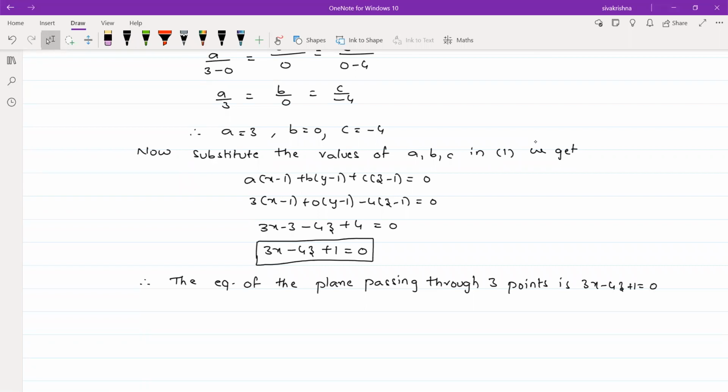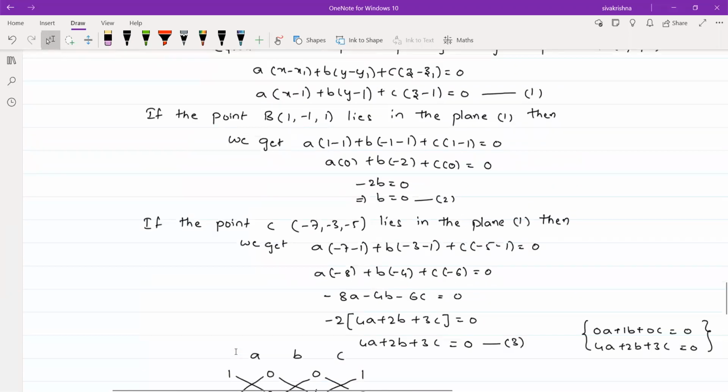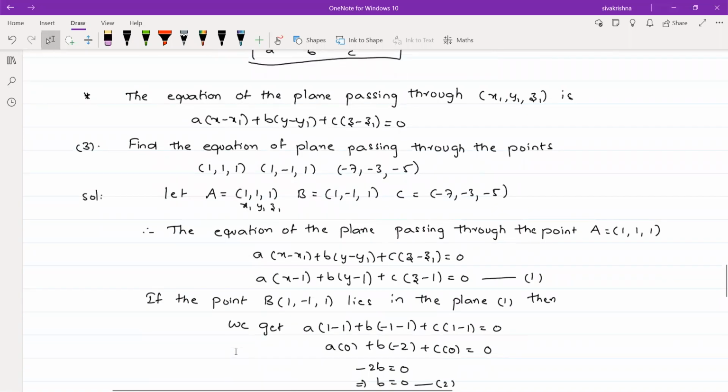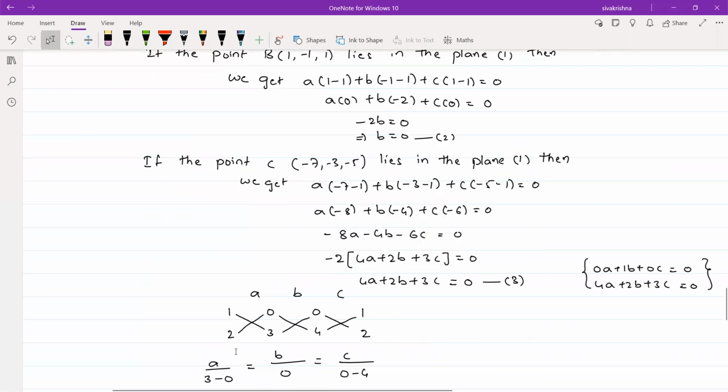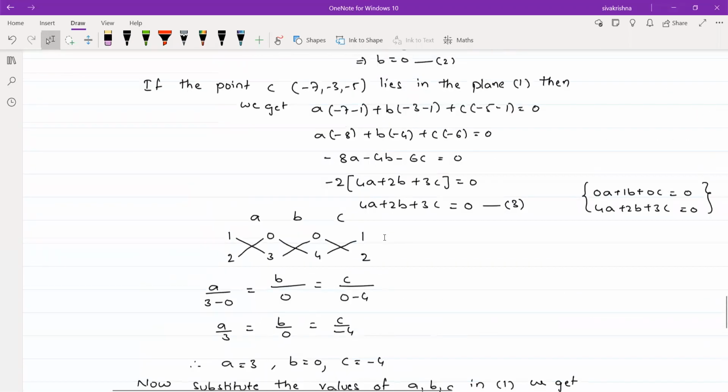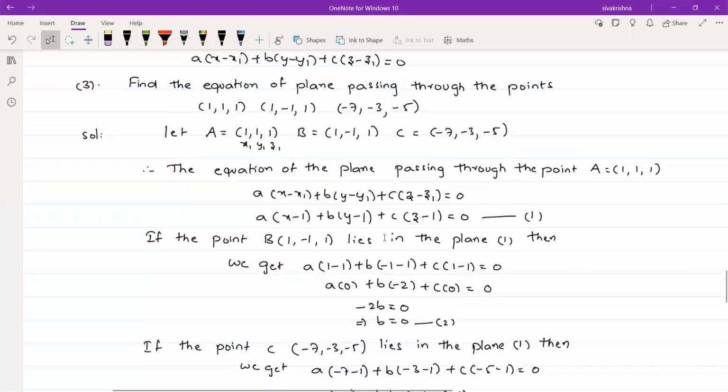Okay, so if you solve this particular problem by using the formula we discussed in our previous class, then also we get the same answer as this one, that is 3x minus 4z plus 1 is equal to 0. Okay, so once again I am discussing the problem. Here we have given 3 points and we have to find the equation of the plane through these 3 points.